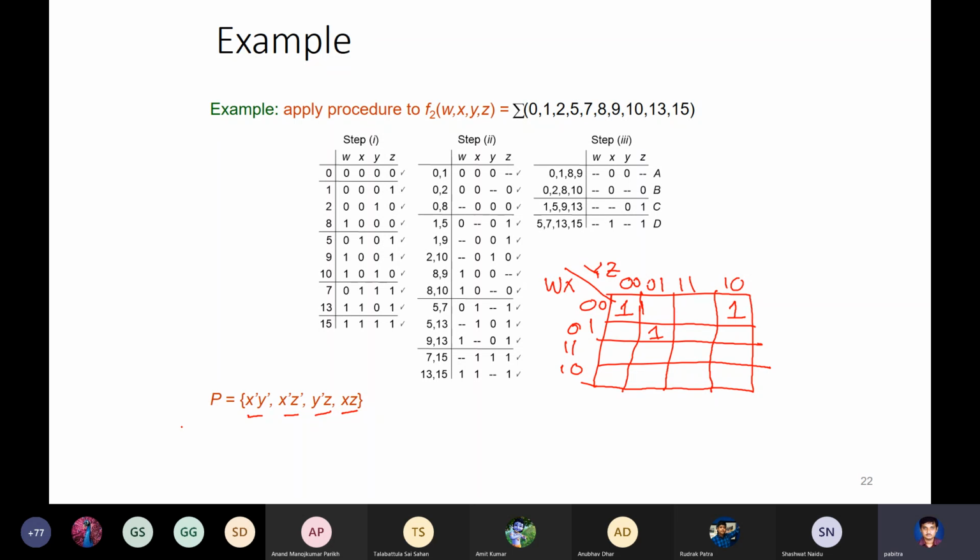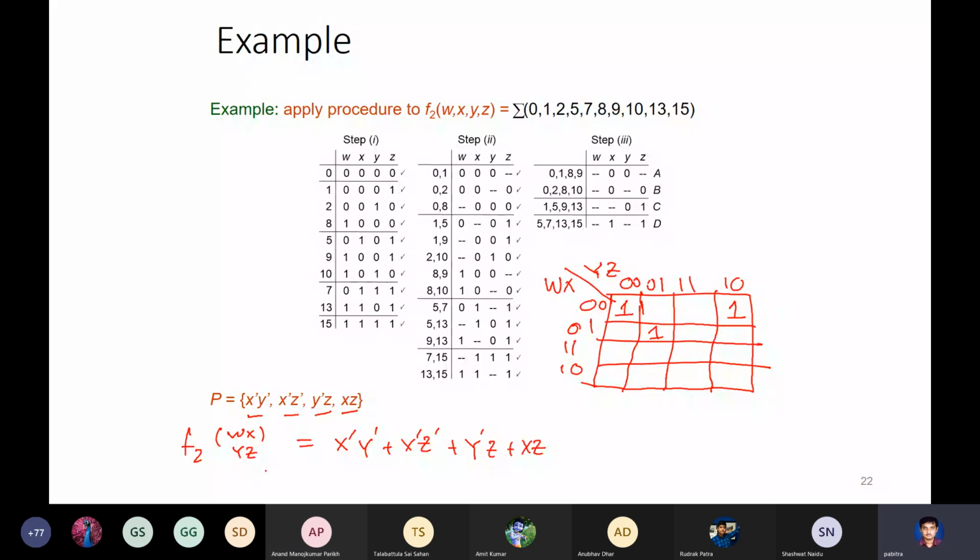So if I give my answer that the minimum form of F2 is x prime y prime plus x prime z prime plus y prime z plus xz, is this the minimum, optimized expression, just by adding all the prime implicants? Yes or no? Sir, might or might not be the minimum. Might or might not.